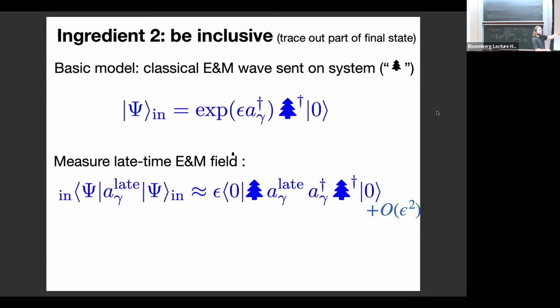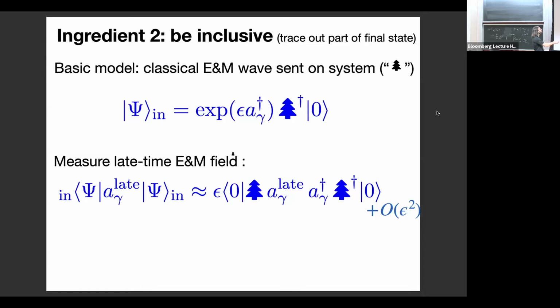Let's imagine you have a tree, and you're trying to see it by watching sunlight reflect on it. So here's some kind of operator which creates sunlight, or some kind of coherent state of light. Actually, let's send laser light, it's easier if it's coherent. So that will send a coherent state of light, and then you measure the electromagnetic field after it's reflected off the tree.